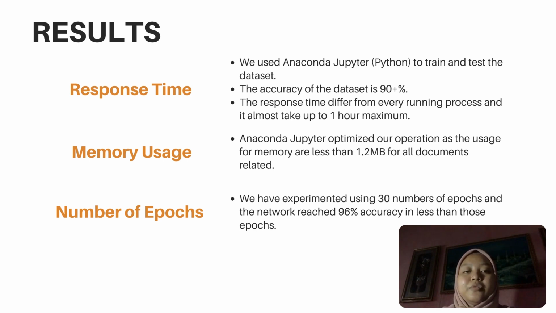Second, in terms of memory usage, for this dataset, Anaconda Jupyter optimized the operation, as the memory usage is less than 1.2 megabytes for all related documents. And third, in terms of number of epochs, we experimented using only 30 epochs, and the network reached 96% accuracy in less than those epochs.